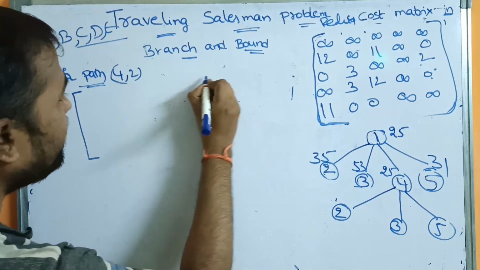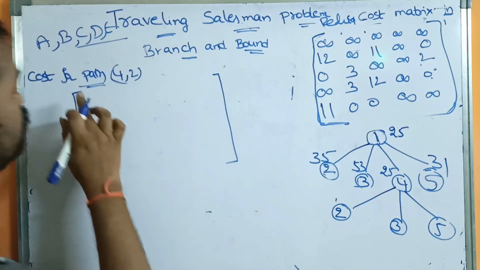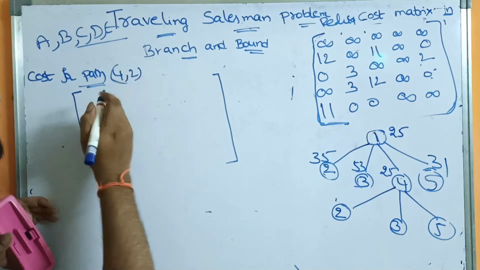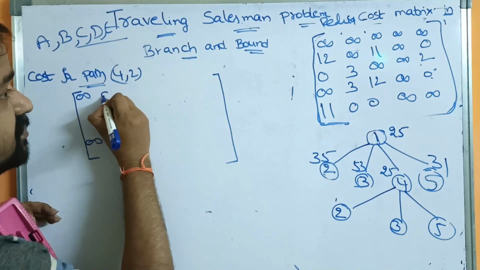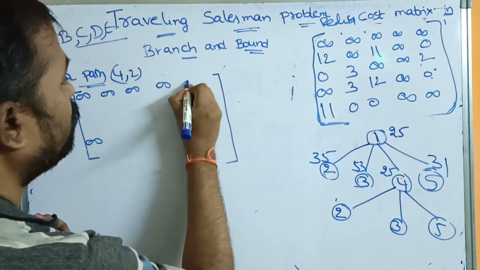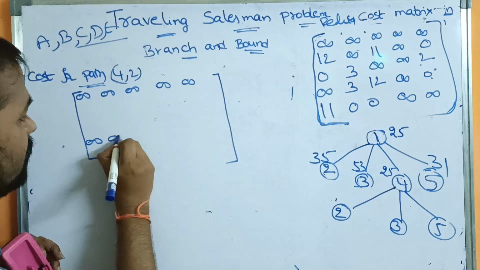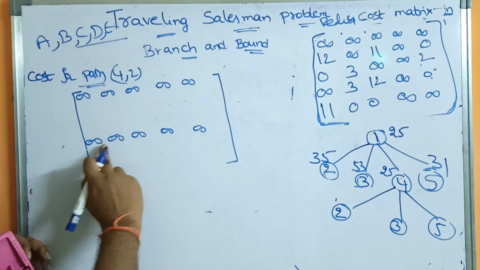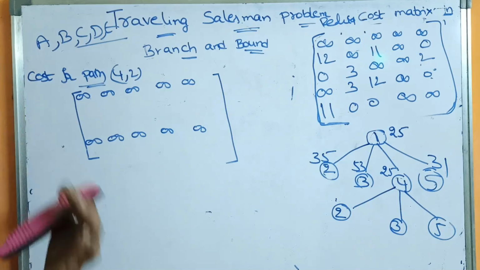We have to make all the entries of the fourth row infinity. Let us note down the first row as it is: 1, 2, 3, 4, 5. So this is the fourth row. All the entries of the fourth row are changed to infinity.